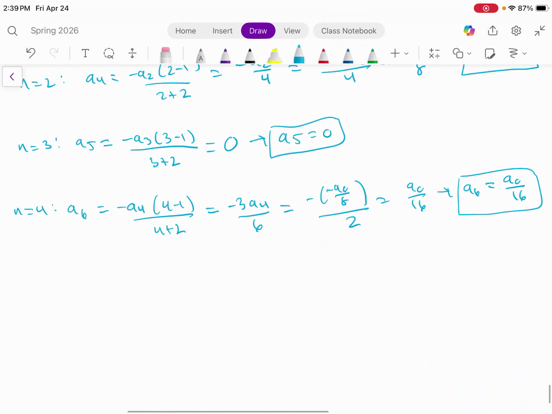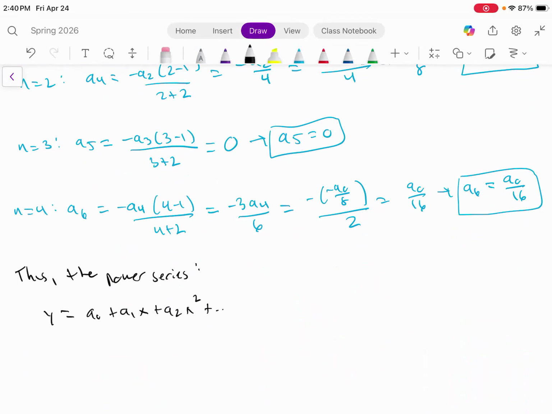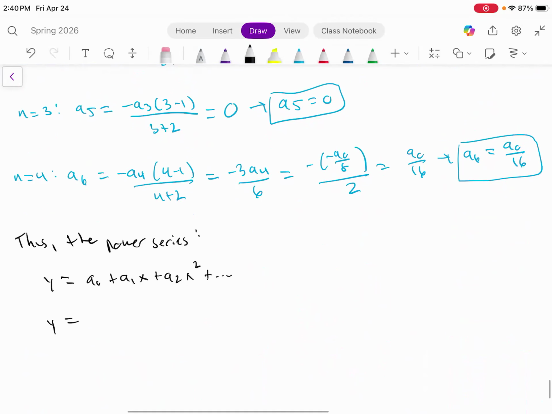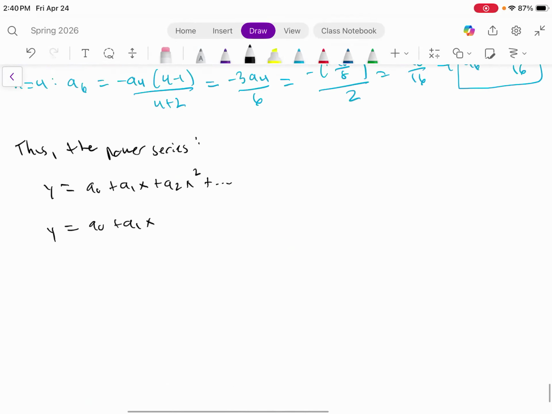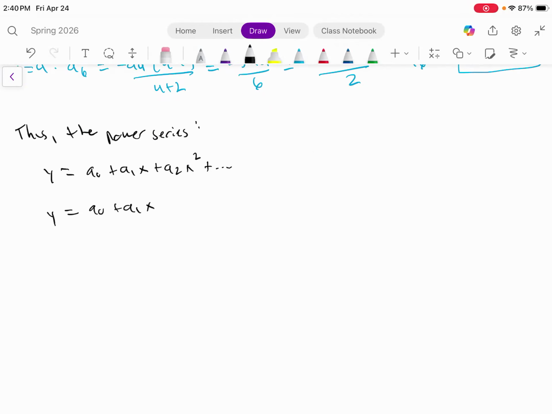So the power series solution, it looks like y equals a naught plus a1x plus a2x squared plus dot dot dot, right? What this looks like is a naught plus a1x. Those don't change at all, right? Because the only ones we found were a2 and above. But then we start plugging in our a2, a3, a4, a5, a6.